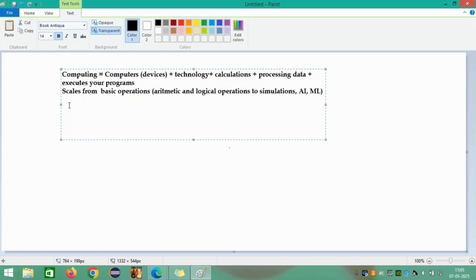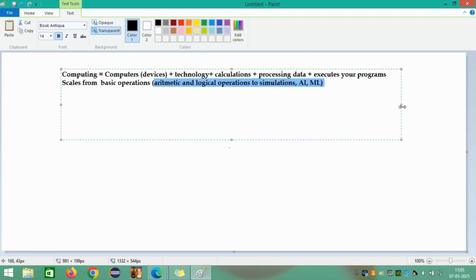To tell in brief, to enable all these operations to happen in a network or within a group of computers, computing serves as the backbone.